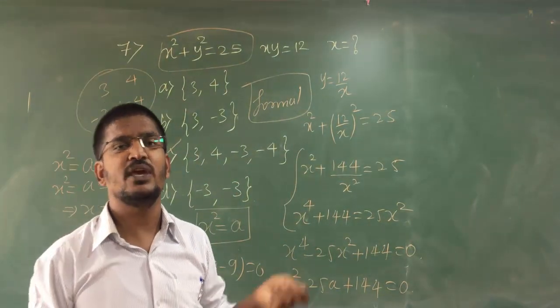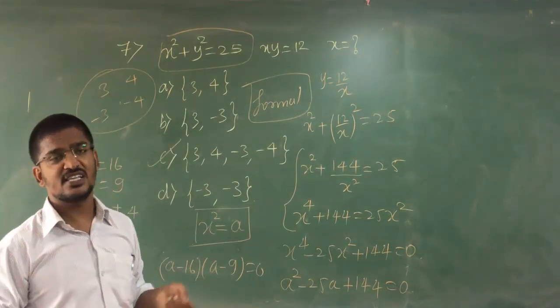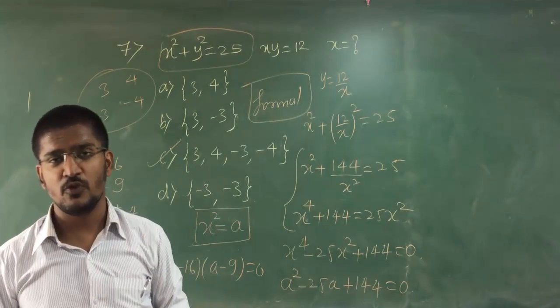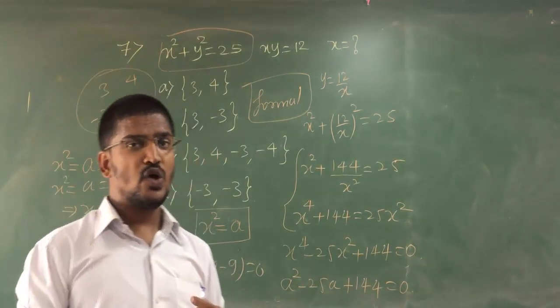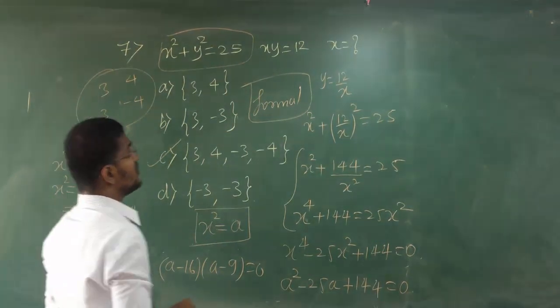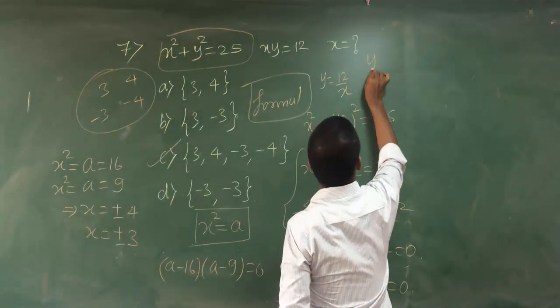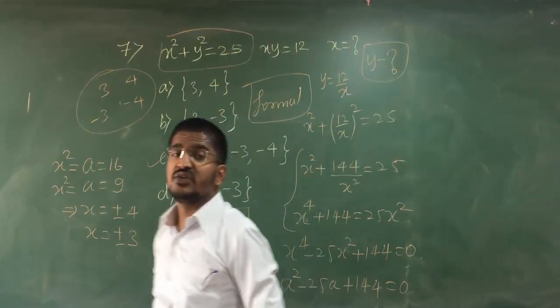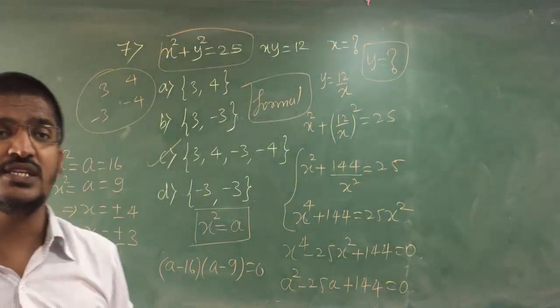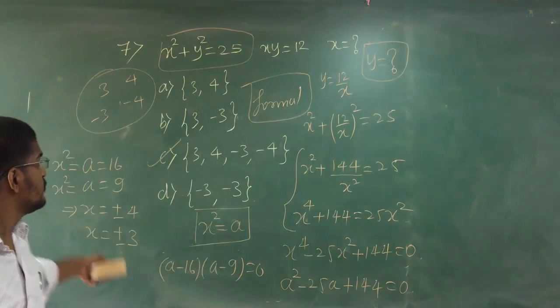That means x can be minus 3 as well as x can be minus 4. That means it has 4 solutions. So from this, if I ask y equal to question mark, then what is your answer? Clear, students? For x, you can solve by formal way.